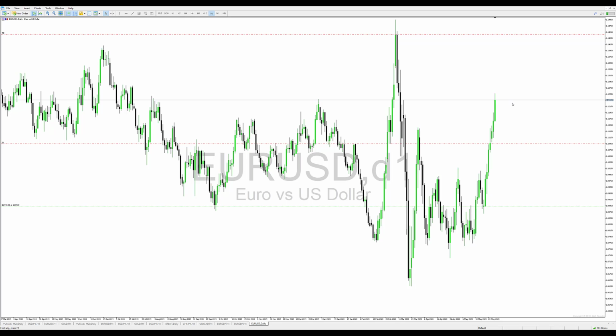So I'll be just following price, because as it is, Euro USD is really looking to close all the way up to 1.14. You see, that's where my TP is heading. So I'm really expecting Euro USD to push all the way to the upside.